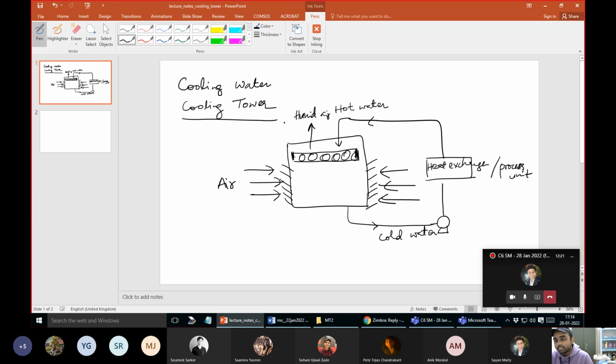The contact time between the air and the water, how the contact is made, whether the air and water pass through a packed column, tray tower, or direct contact, also matters, as does the uniformity of the air distribution within the tower.